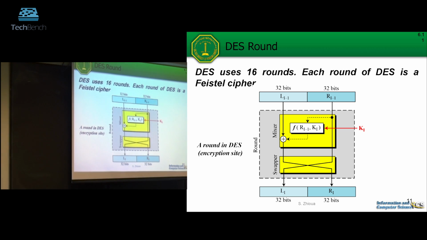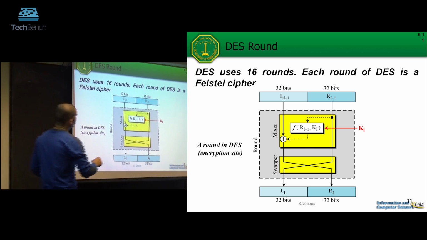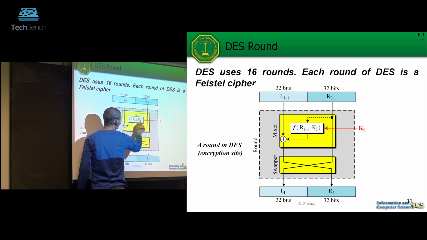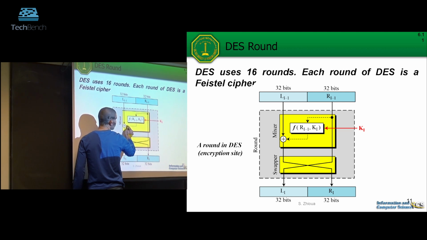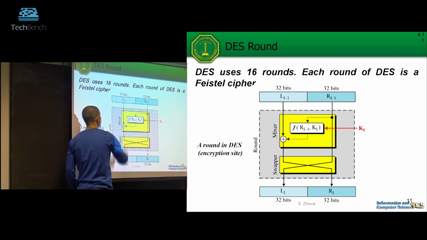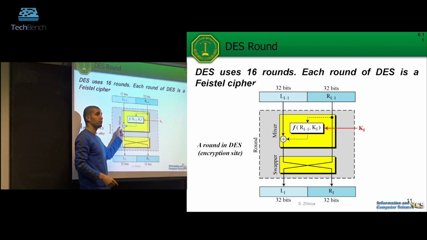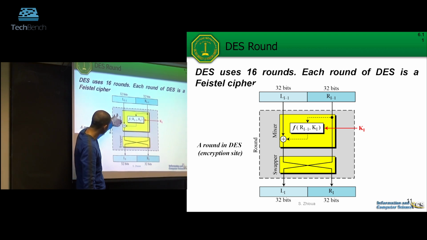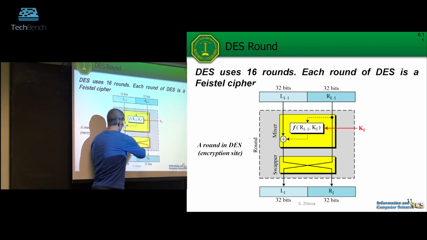So you take the right part, use it in the function along with the key. You get some result here, 32 bits also. This plus is a bitwise XOR operation. So you XOR it with the left part of the input. Then you switch.